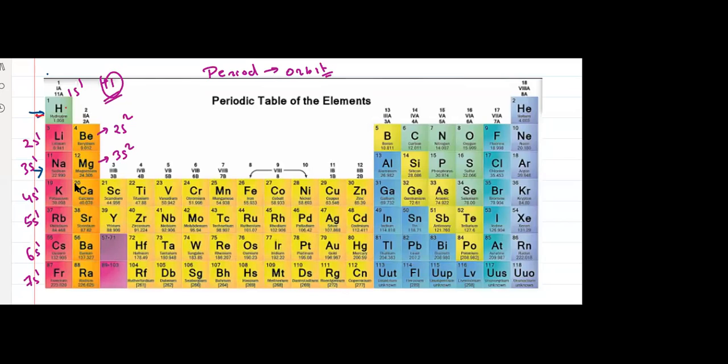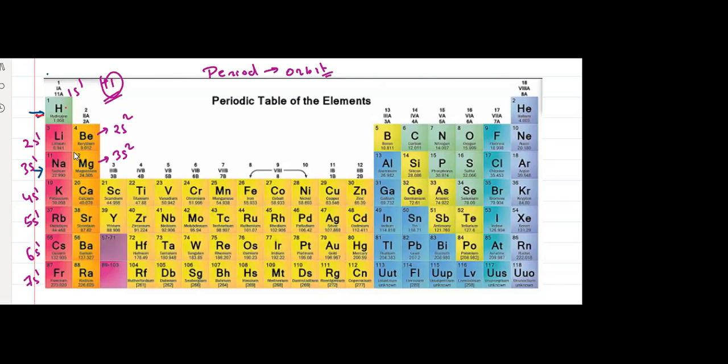Now how to remember, right? That's a trick. You don't have to remember everything, you just have to remember till the 5th period. If you remember till the 5th period also, it's fine. Both of them have the outer electron in which suborbit?